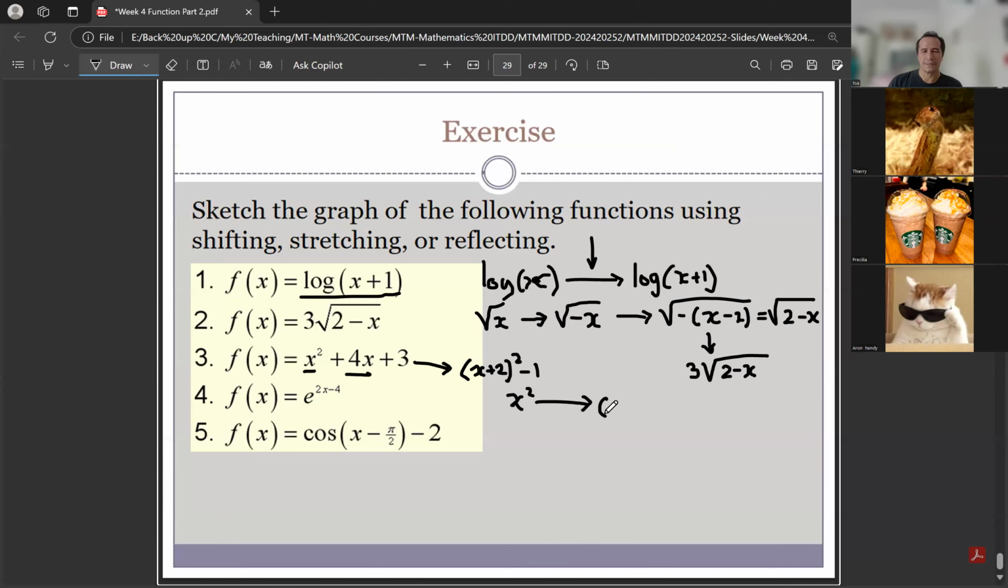We have (x plus 2) squared, and after that shift it vertically downward by 1 unit. So we have (x plus 2) squared minus 1.